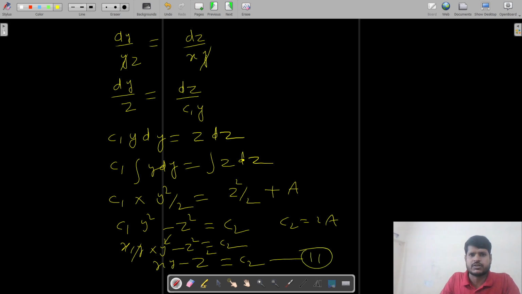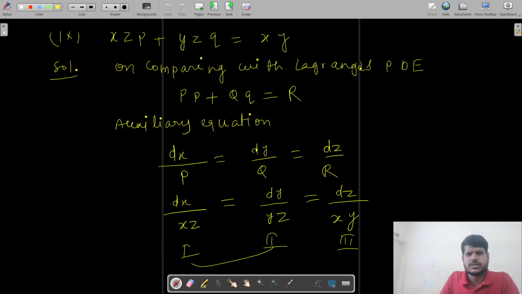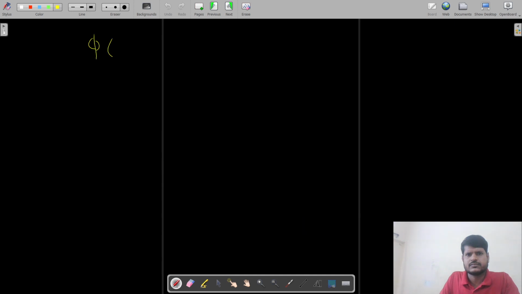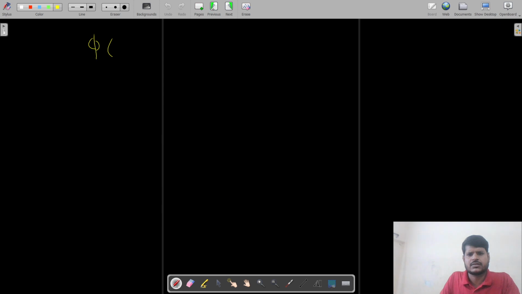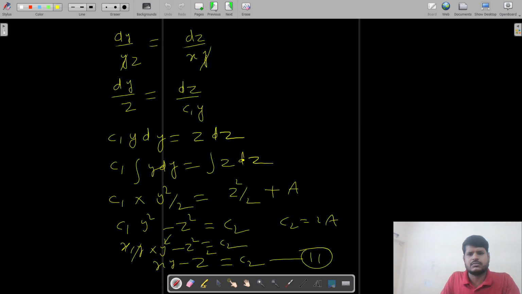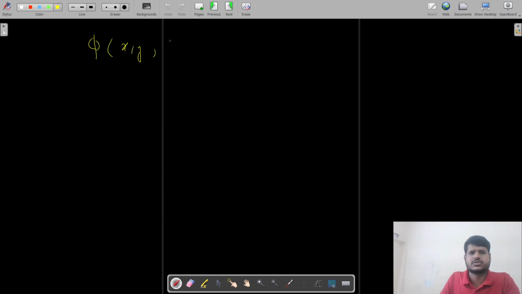Now the solution is phi of, going to the previous one, the first equation, x upon y, comma, now go to the second equation, xy minus z square, equal to zero.